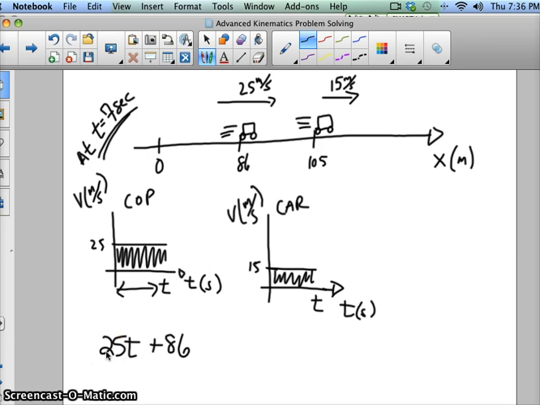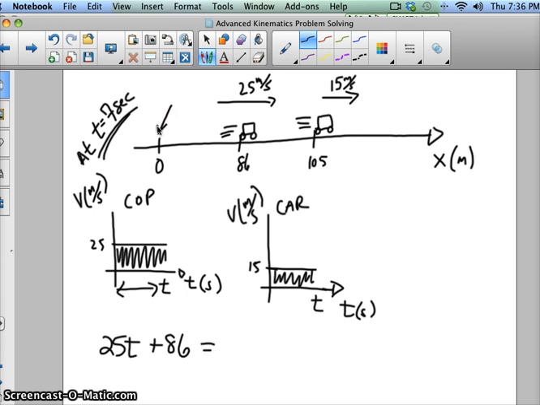The other car, the car the cop is chasing, and in the end, both cars have traveled the same distance if we measure it from where the cop started, right?